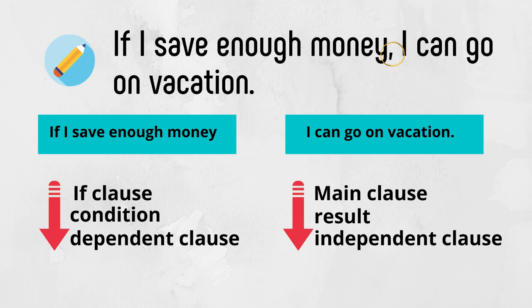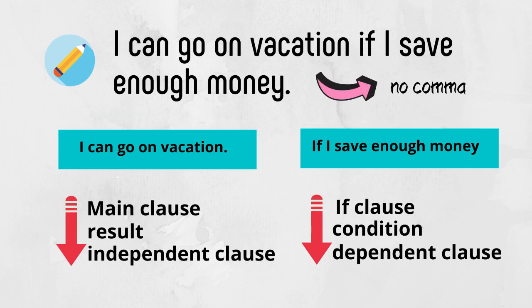Kapag inuna natin ang independent sa dependent clause, what will our sentence be? Can you try? That's right. It will be, I can go on vacation if I save enough money. So again, there's no comma kasi this time, inuna natin ang independent clause before the dependent clause. I hope that was clear.